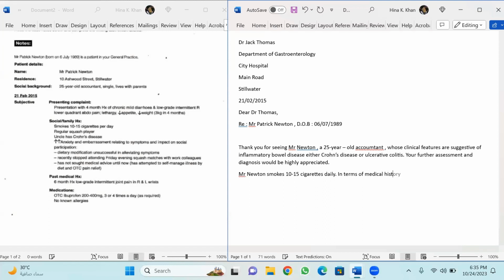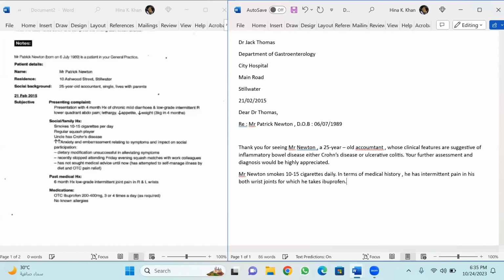In terms of medical history, he has intermittent pain in both wrist joints, for which he takes ibuprofen.